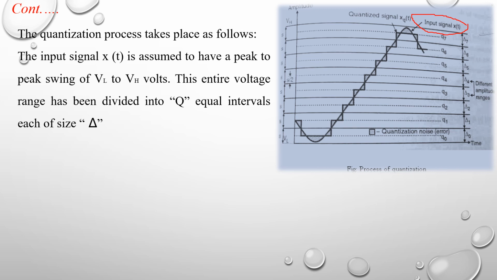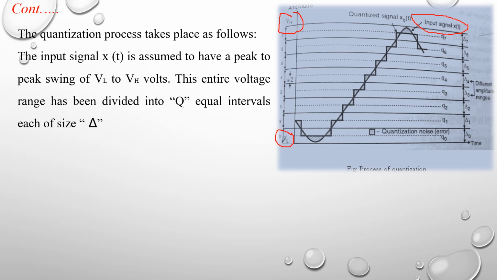The peak to peak voltage swing is VL to VH. So VL is the lower voltage level, and VH is the highest voltage level. This entire voltage range is divided into Q intervals.